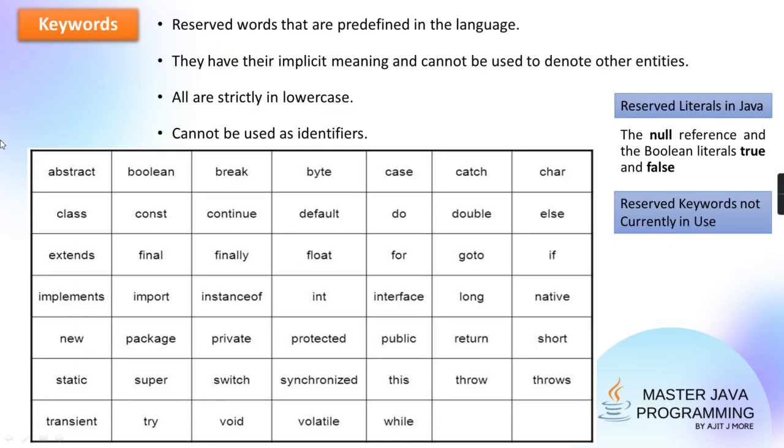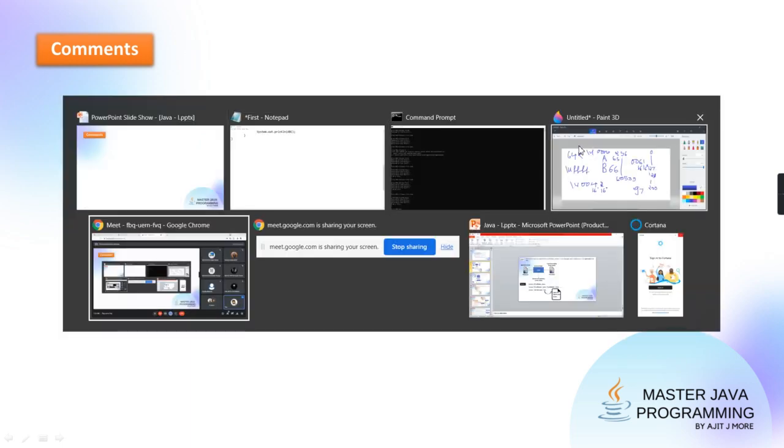And those are the two words: one is goto and another is const. See here, reserved keywords not currently in use. You are not using const for const purpose, goto for goto purpose. Though we are not using both for their purpose, Java has still kept them as reserved words. Okay. So I hope that part is clear to you guys.